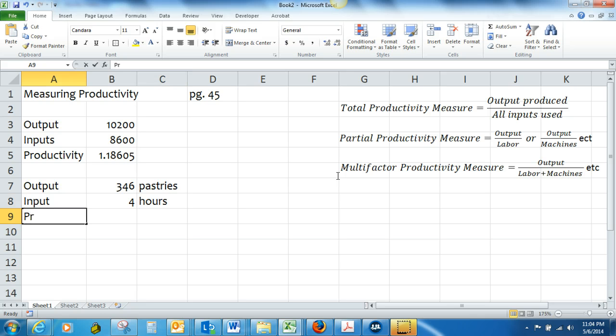Okay, so our productivity is going to be equal to our output, the 346, divided by our time, the 4 hours. So we can create 86.5 pastries per hour.